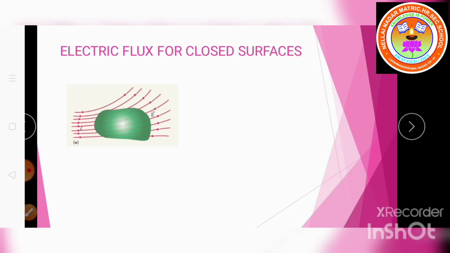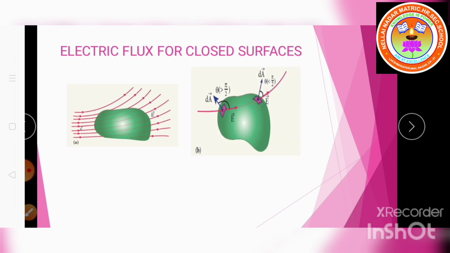Now I am going to take the surface as a closed surface, when this closed surface is present in the region of a non-uniform electric field. Here also I am going to take a non-uniform electric field.